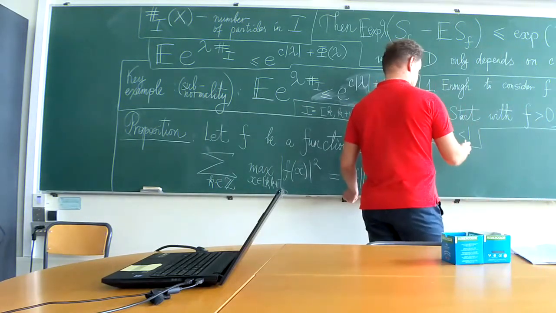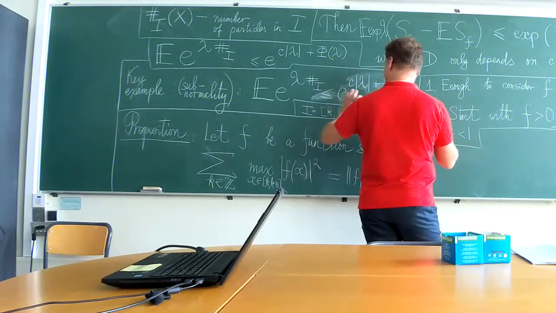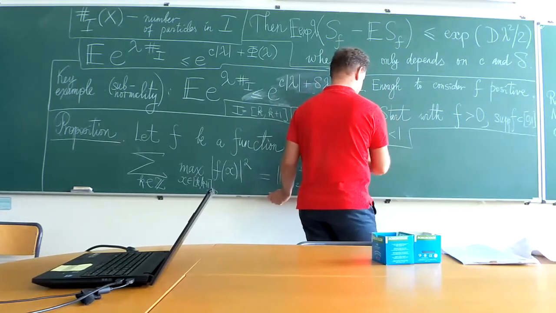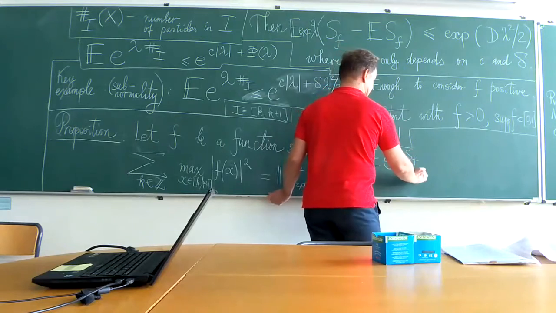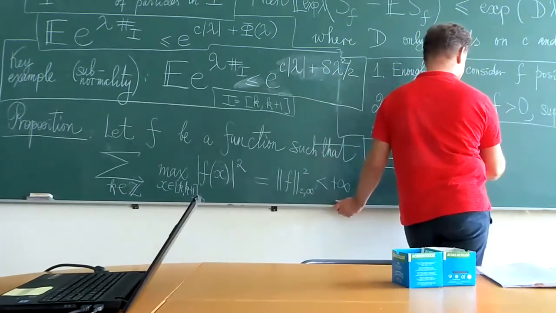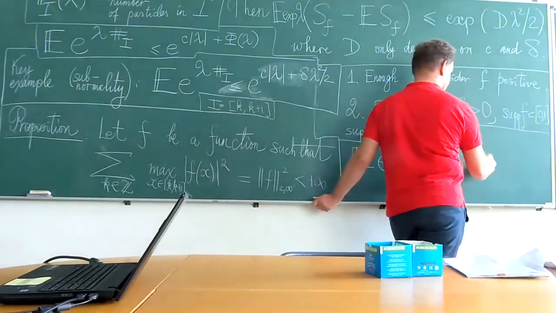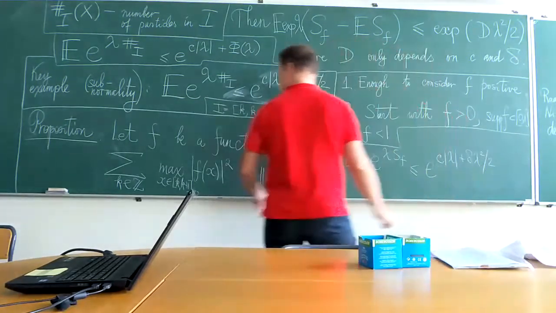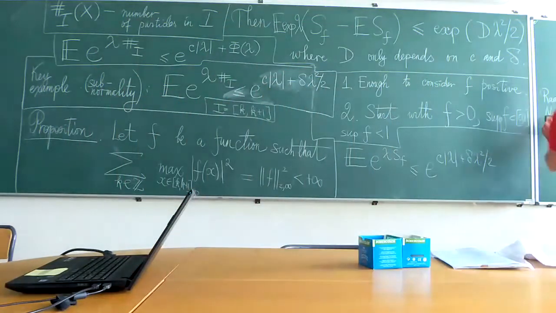Then, of course, we know from here that the expectation of e to the lambda itself is less than e to the c lambda plus delta lambda squared. This fact we know.